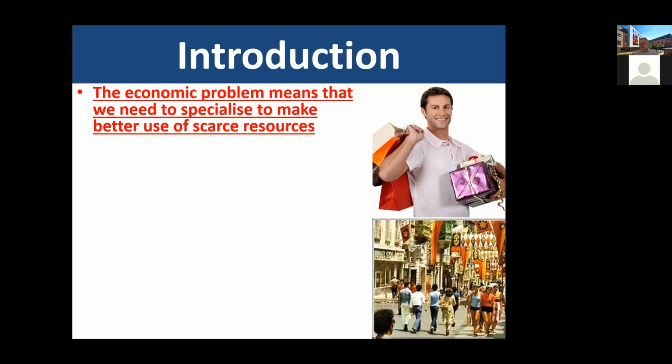So, for example, if a country has a large pool of labor, then that country is likely to specialize in producing goods which are labor intensive. Another country might have an abundance of raw materials like oil, natural gas, iron ore, coal, things like that. That country then is likely to specialize in producing those raw materials.